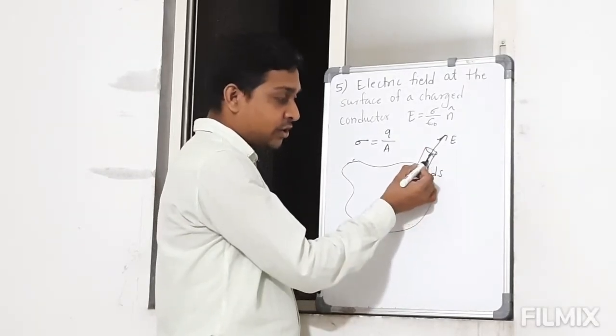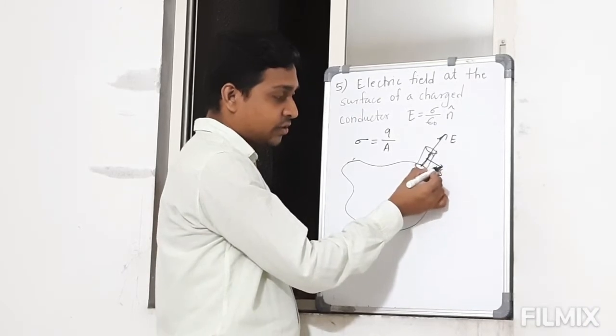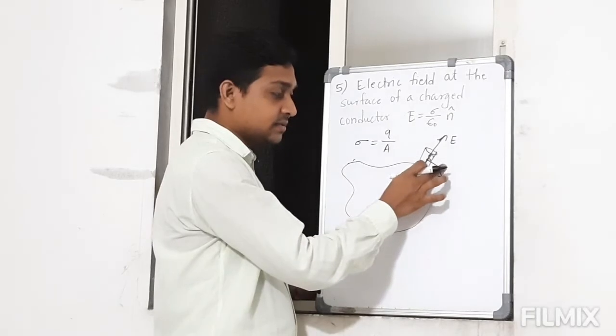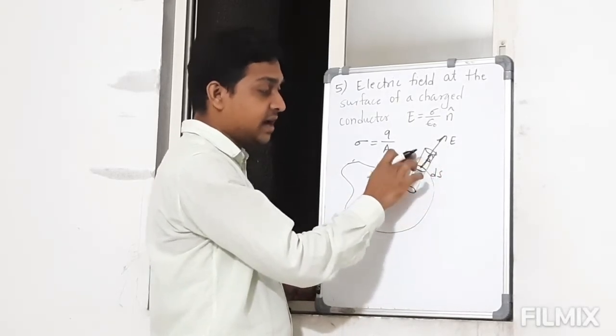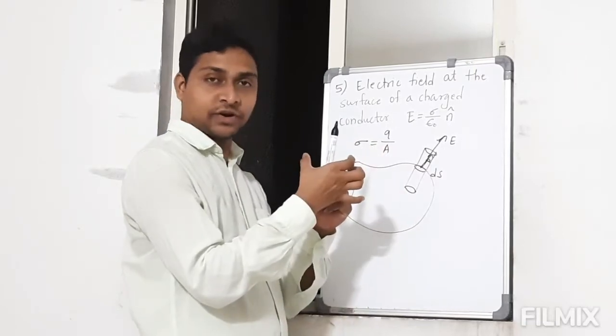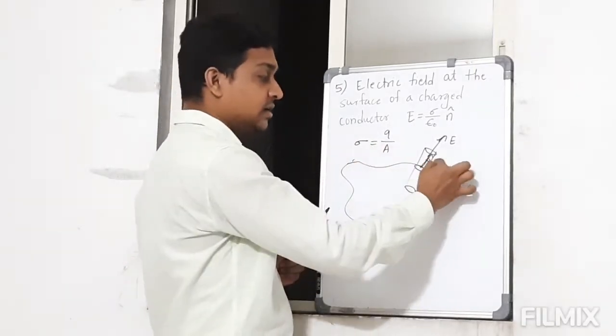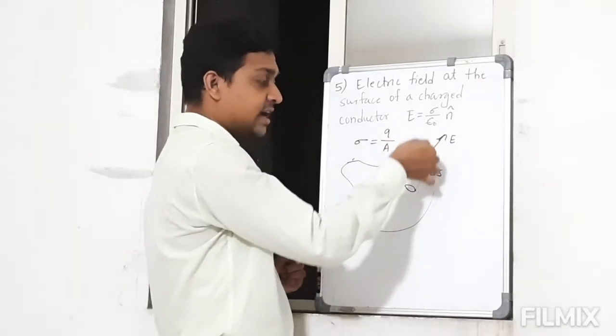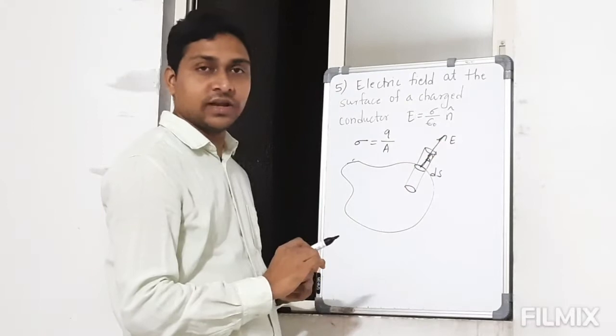When we are talking about the side area, the angle becomes 90 degrees, so those faces can be neglected. So the side faces of the cylinder have no component of the electric field, only this face, which is normal to the surface, will be included for the electric flux.